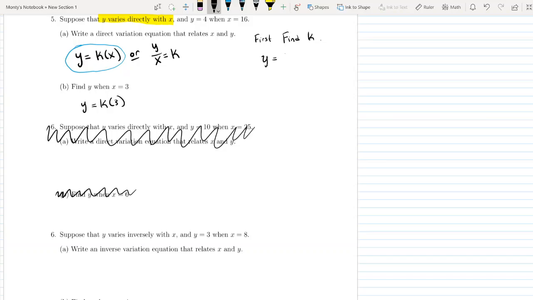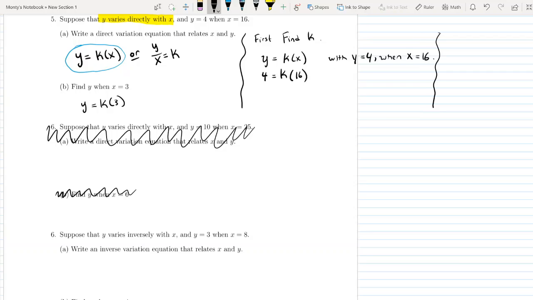So again, let's just use this equation since we already have it circled. We want to use y is equal to k times x because it's our direct variation equation. And we're going to use when y is equal to 4, then we know that x is equal to 16. That's just given from this up here. So we need to solve this for k. Plugging in our values, we've got 4 is equal to k times 16.